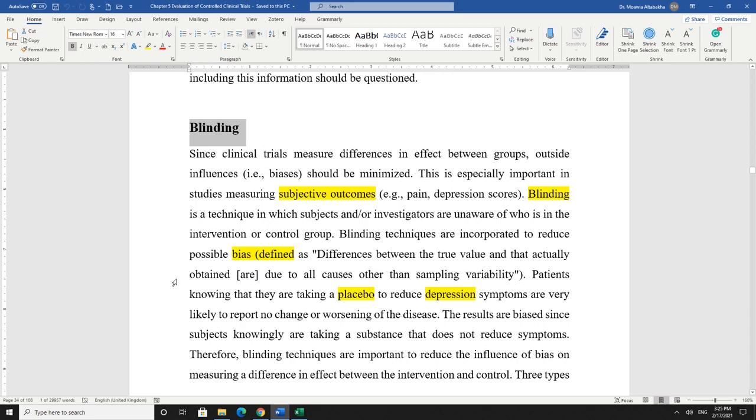But the question is, does it mean that if you have a drug for cholesterol, and you want to see the effect of the drug on the cholesterol, you don't need to do blinding? The answer, no. Still you need to do blinding. But why? Cholesterol is an objective measure. So why do I need to do blinding?